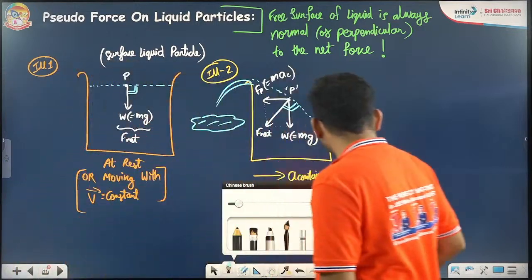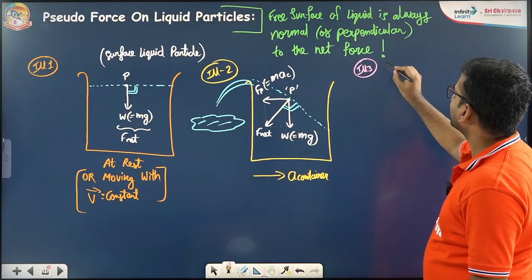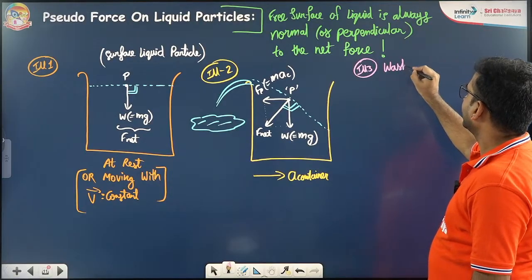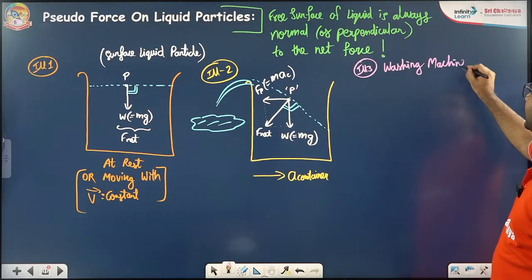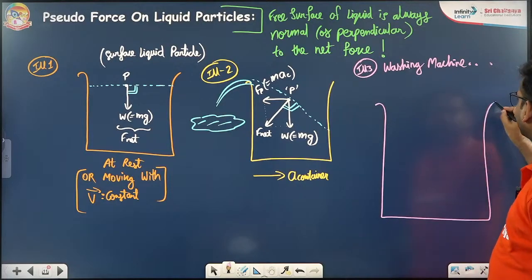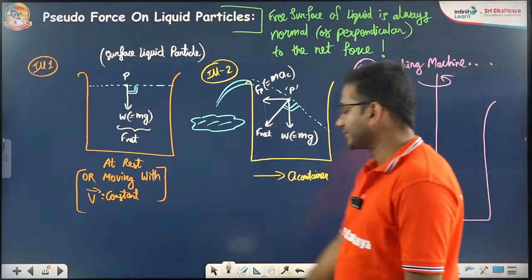Illustration 3. Let us talk about the case of a washing machine. Everyone observes at home that there is a washing tub which rotates like this with a certain angular velocity.